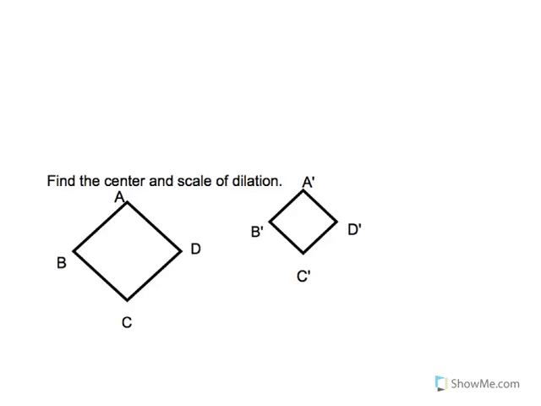Let's find the center and scale dilation of this one. Okay, so first I need to connect my two vertices to a center point O off to the side. Let's do this. Connect the B's.